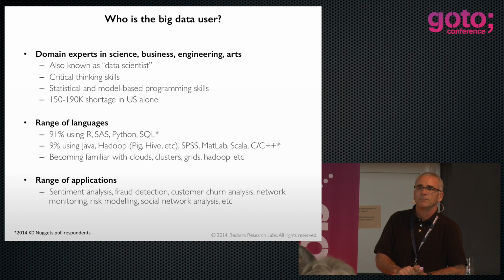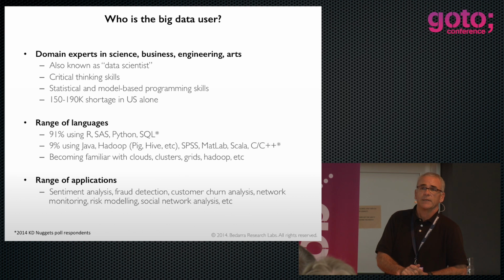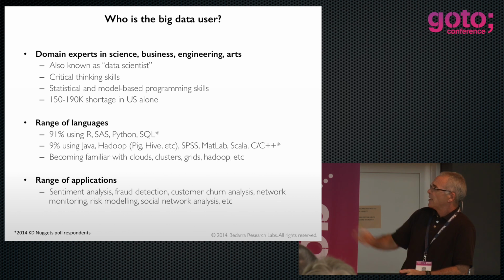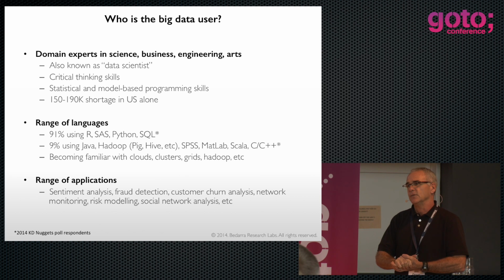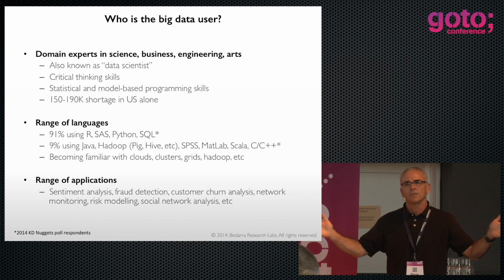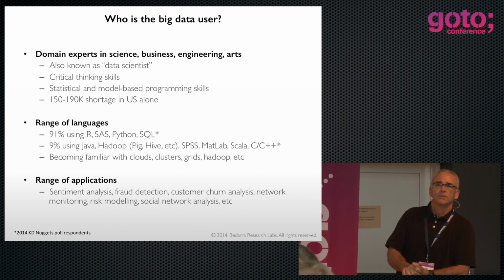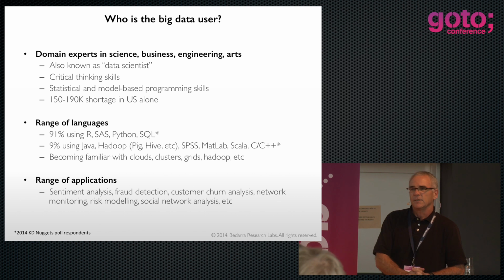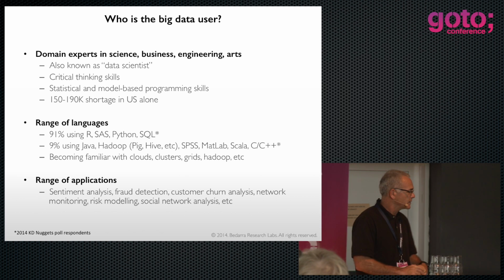As for adoption, the Hadoop craze is going on, but it's really only representing about 9% of the market right now in terms of people who are in the space. And those are just a brief summary of the applications, because it's soup to nuts across the board: sentiment analysis, fraud detection, and those sorts of things. Everybody's seen the Amazon shopping carts and their suggestions as to what you might want to buy, and that's all got to do with processing large data sets.